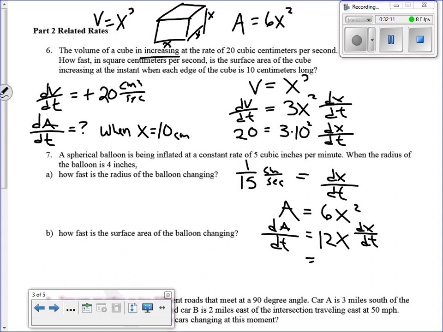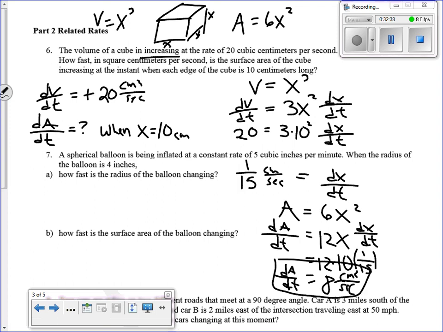And now we can plug in the 10 for the x. Dx dt we figured out was 1 over 15. All right. So if we take 12 times 10 times 1/15, we get 8. And that would be in centimeters squared per second. So that's the one they wanted here.